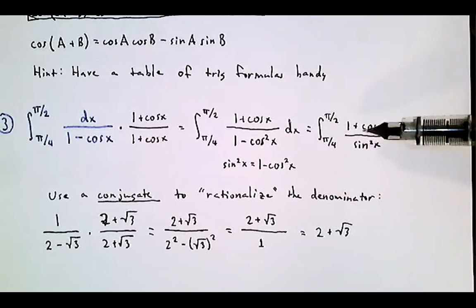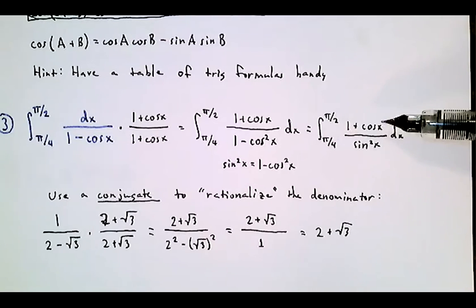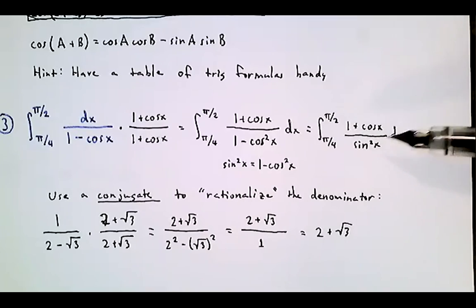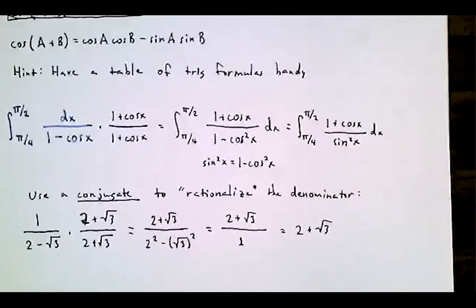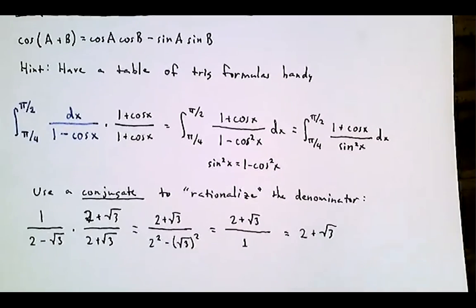So now we have two terms in the numerator divided by our denominator. We should split this up into two separate terms. So 1 over sine squared and cosine over sine squared. And unfortunately, I'm out of room on my paper, so we'll have to go to the back side of the sheet.